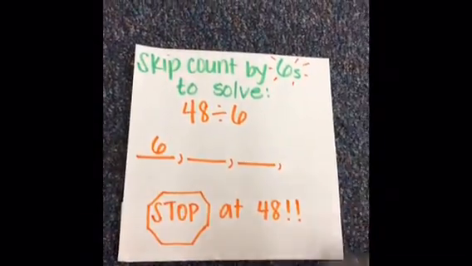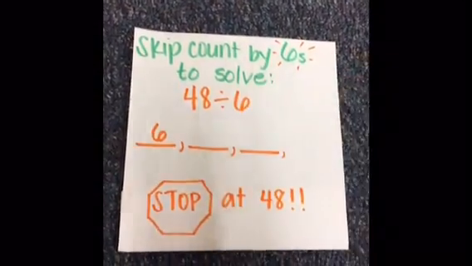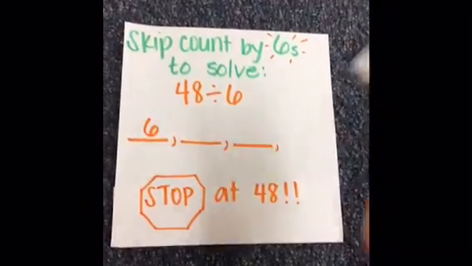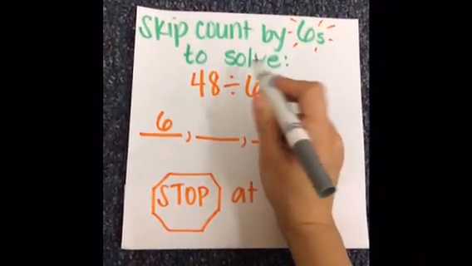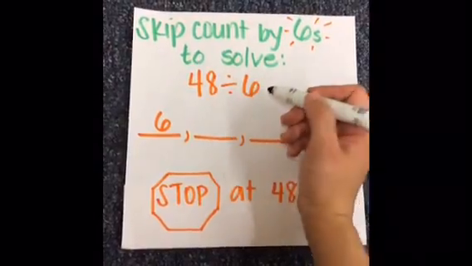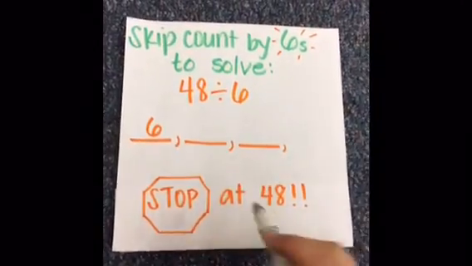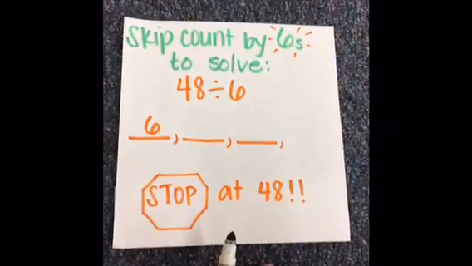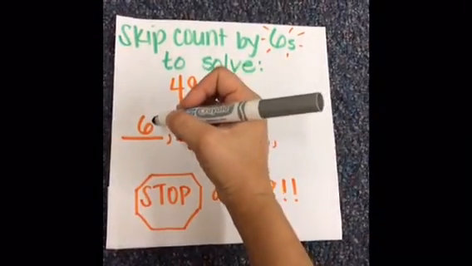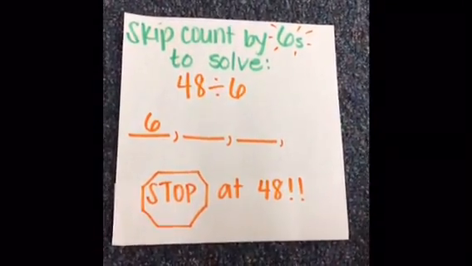Okay, let's look at another example like that. Skip count by 6s to solve 48 divided by 6. So the divided by 6 part just means that we're counting by 6. Okay, we're going to do that. We need to stop when we get to 48. All right, here we go. So 6, I already did the first one.